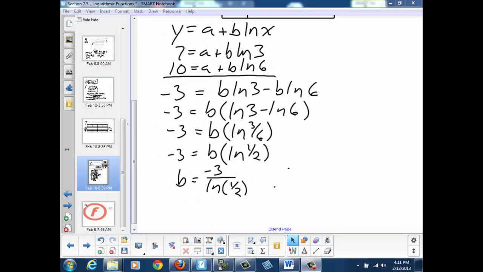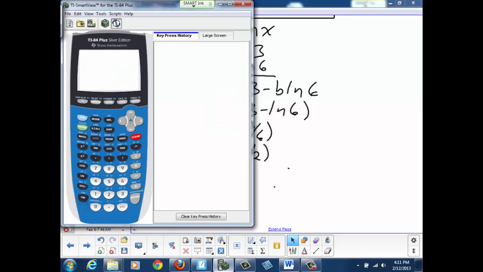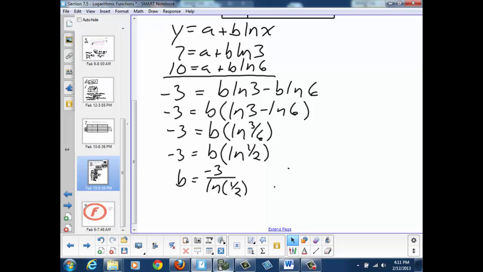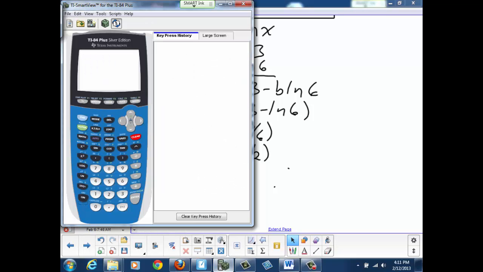So let's pull out our calculators here and figure out what b is equal to. So b was equal to negative 3 divided by the natural log of 1/2.